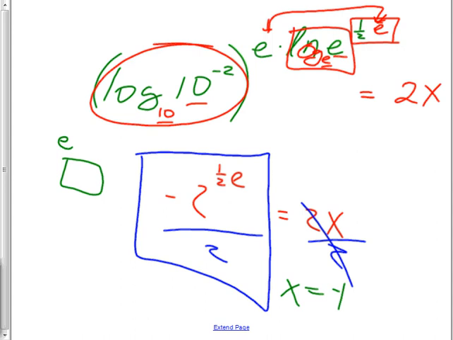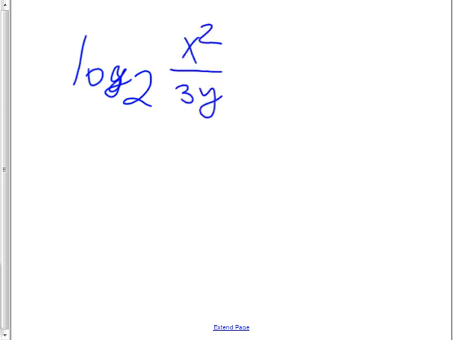All right. That's just checking some patterns to see if you recognize them. Let's talk about expanding and condensing. So here's the expanding problem: log base 2 of x squared over 3y. Would you expand that as much as possible?